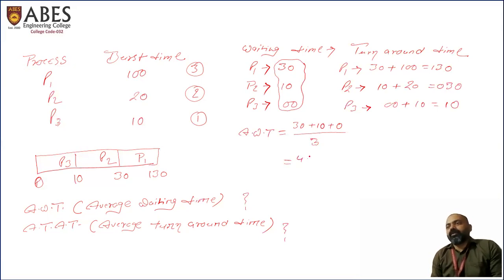This will be 40 divided by 3. And what will be the ATAT? ATAT will be the addition of all the individual turnaround times, which will be 130 plus 30, 160 plus 10, 170. This will be 170 divided by number of processes.